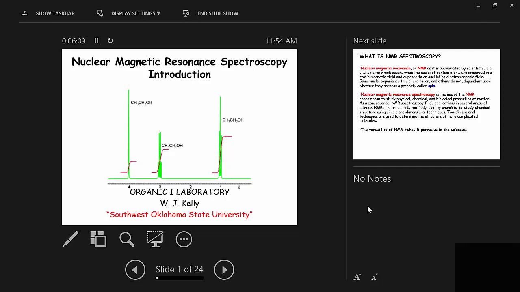And you can observe these little magnets by placing them into a gigantic magnet. You think a gigantic magnet would be like the Earth's magnetic field. The Earth's magnetic field is a gigantic magnet.